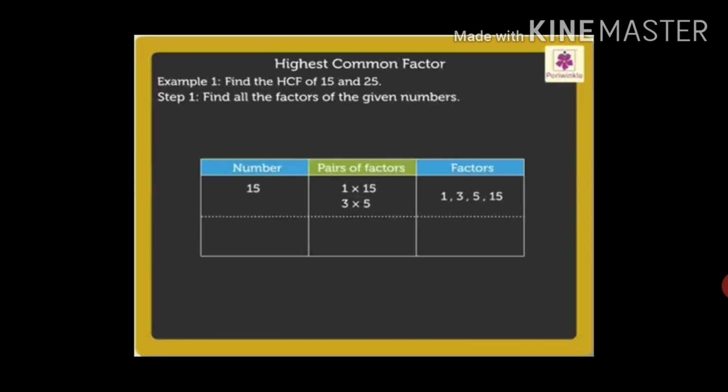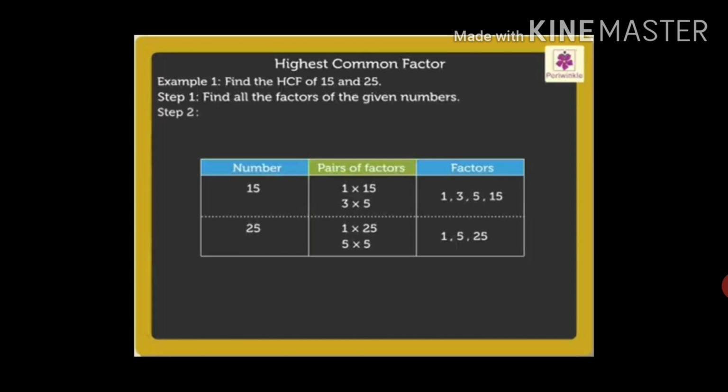Next are the pairs of factors of the number 25. 1 into 25 is equal to 25. 5 into 5 is equal to 25. Thus, the factors of 25 are 1, 5 and 25.